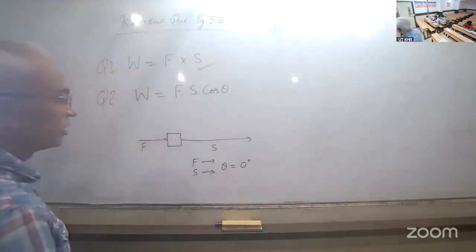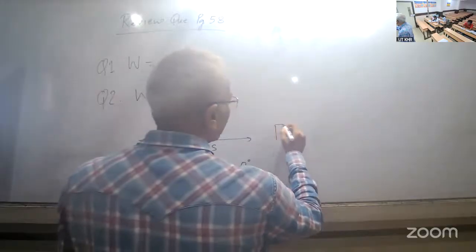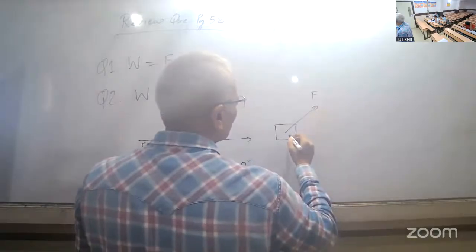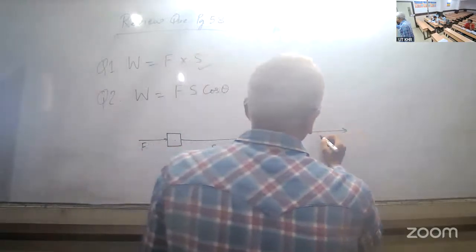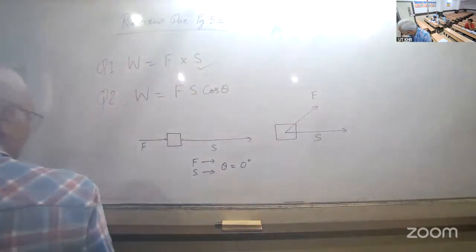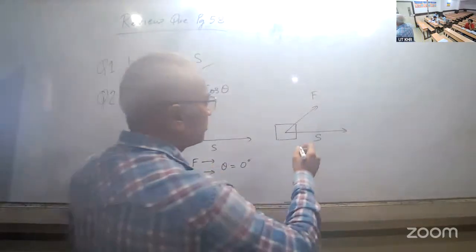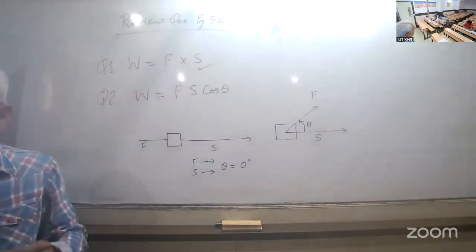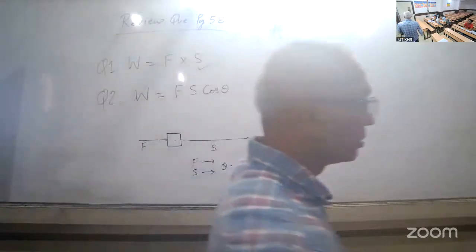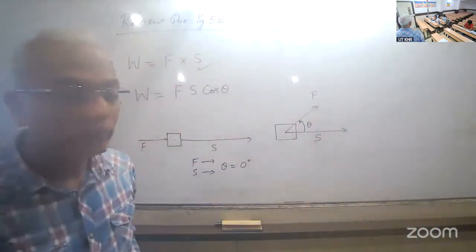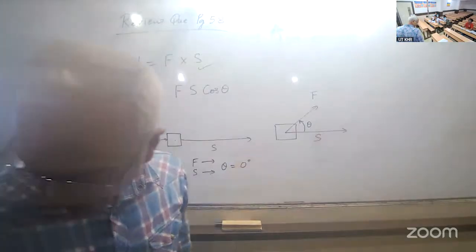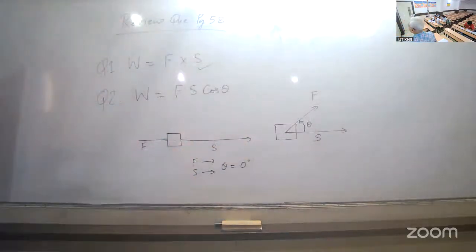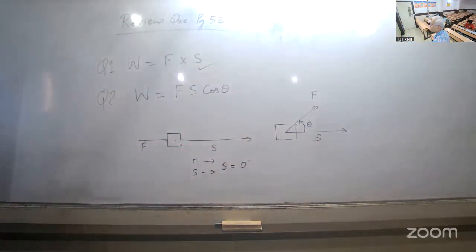But if the force is acting in this direction and the displacement is here, what is the angle between force and displacement? Theta. Like pulling luggage with a wheel. You are pulling the luggage like this, but where is the luggage moving? Horizontal. In that case, work is given by this.